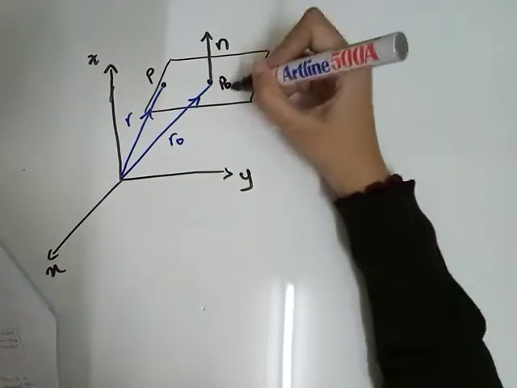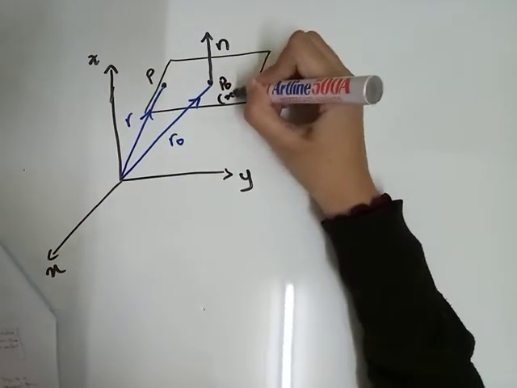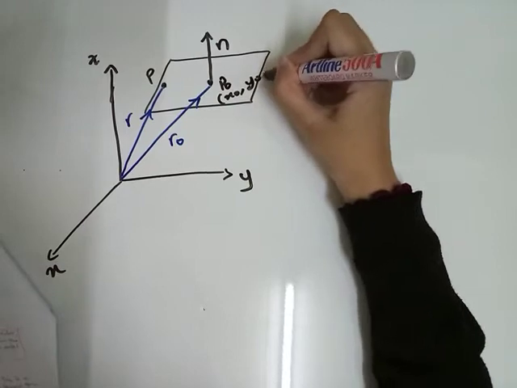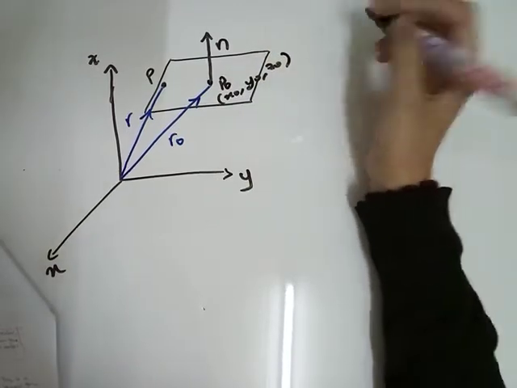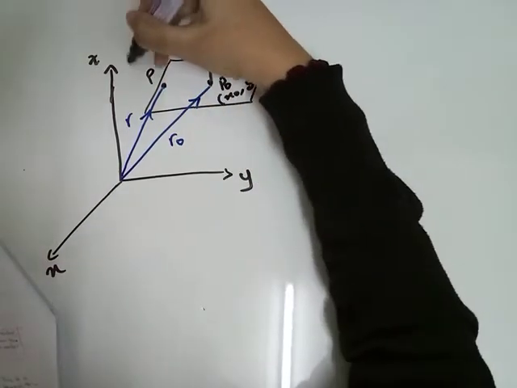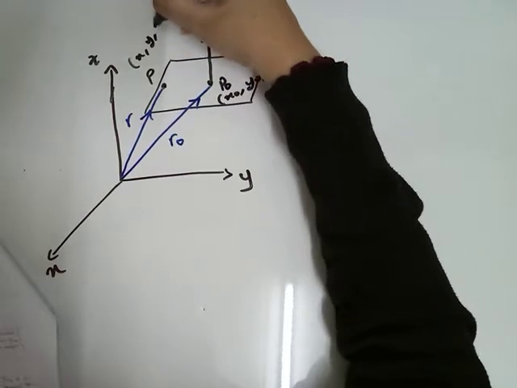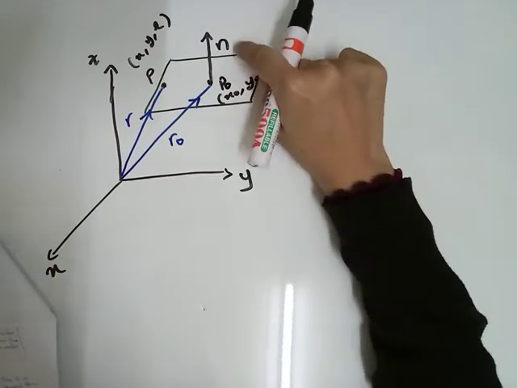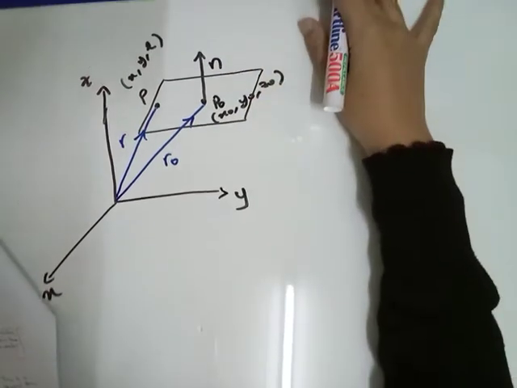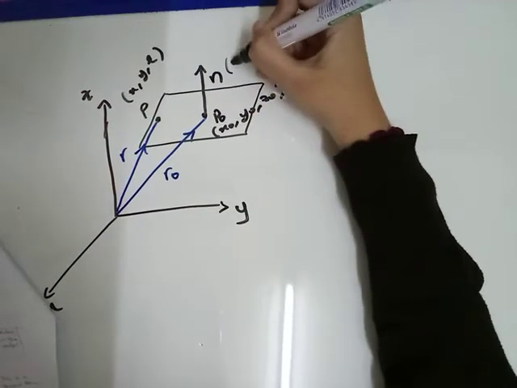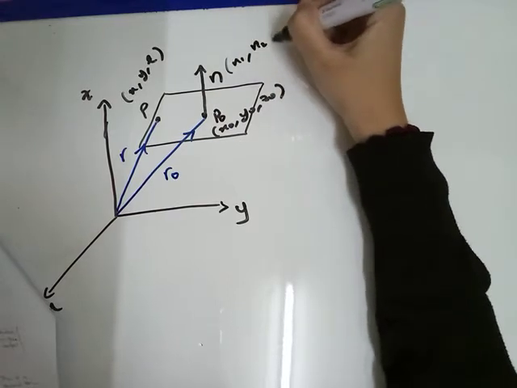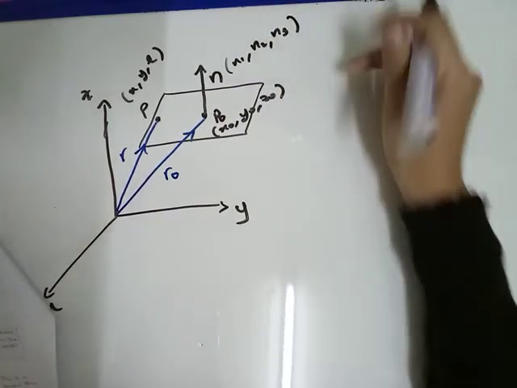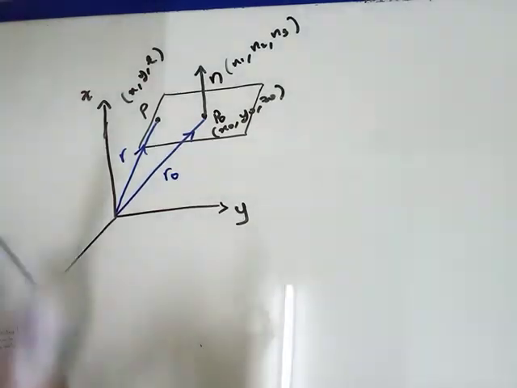The value for P naught is x naught, y naught, z naught. The value for P is x, y, z. The value for vector n is n1, n2, n3.